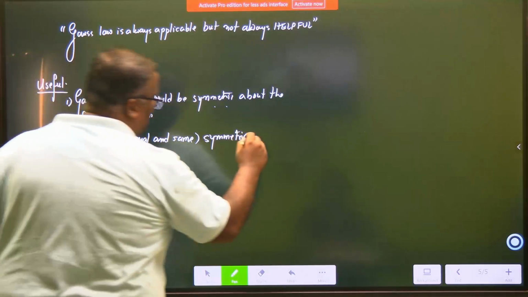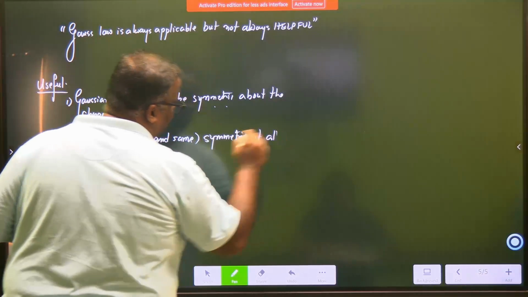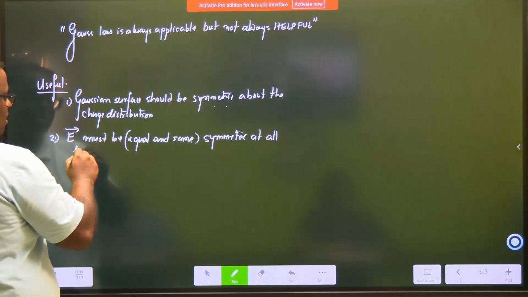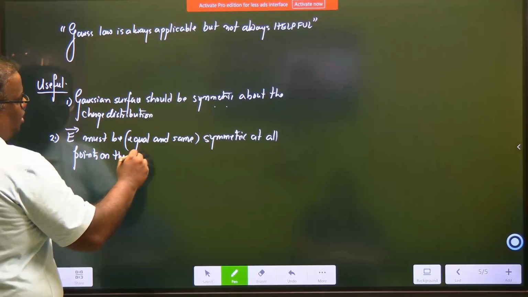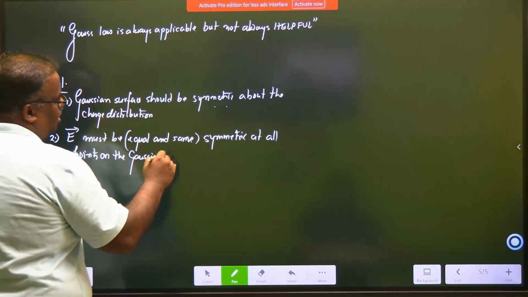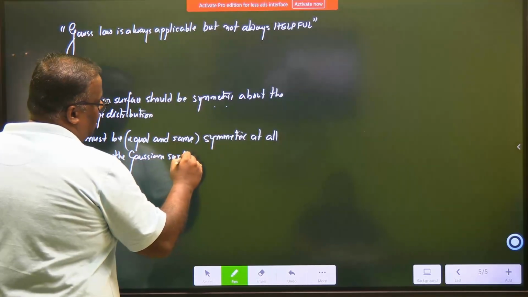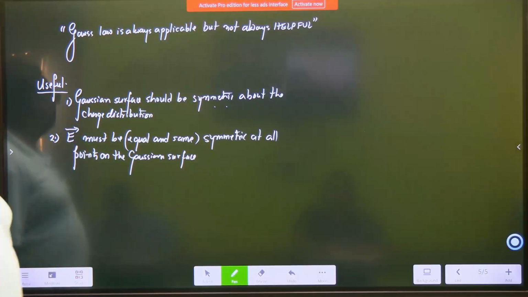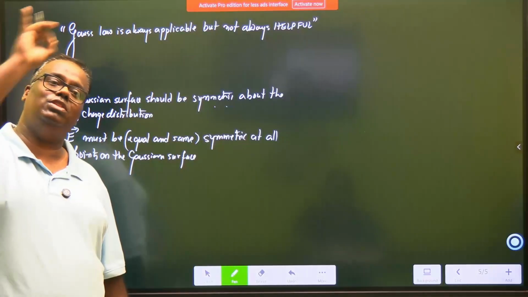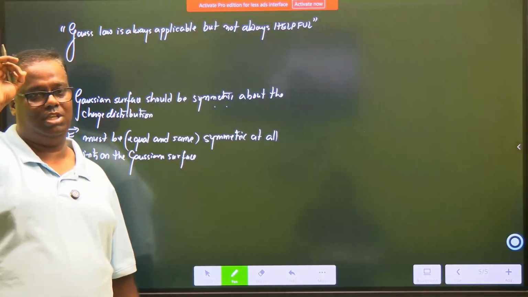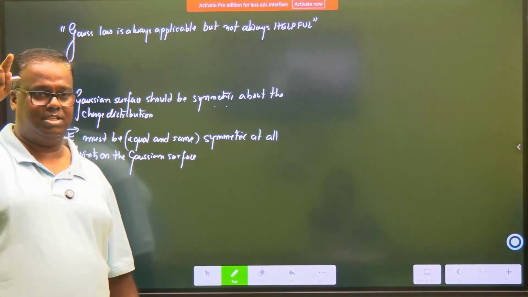Symmetric at all points on the Gaussian surface. At all points means at all symmetric points. Suppose you are on this side of the sphere and you are on that side of the sphere, the electric field should be same. Say it is X.